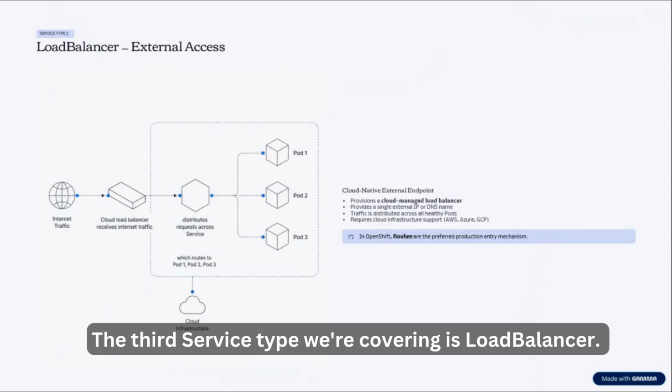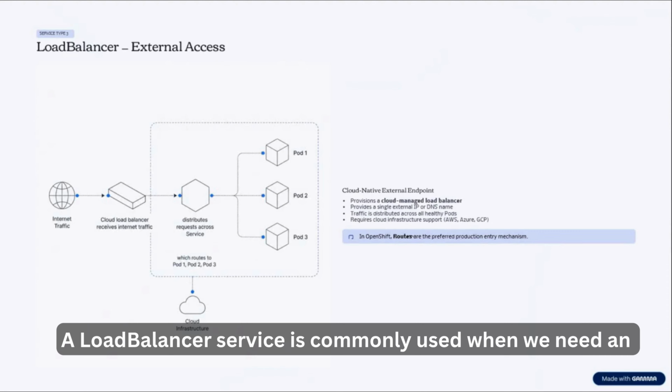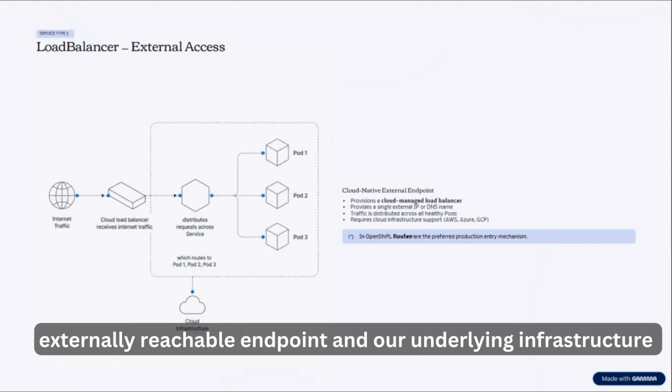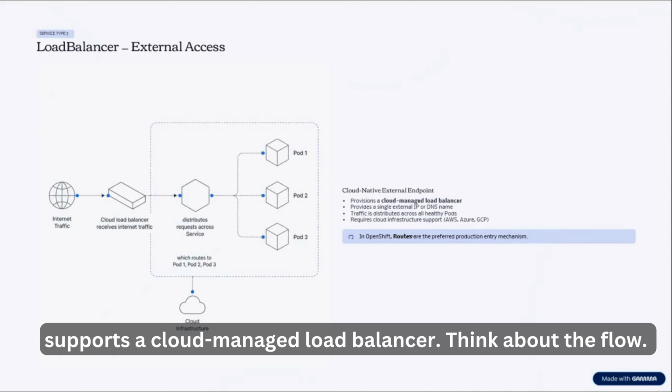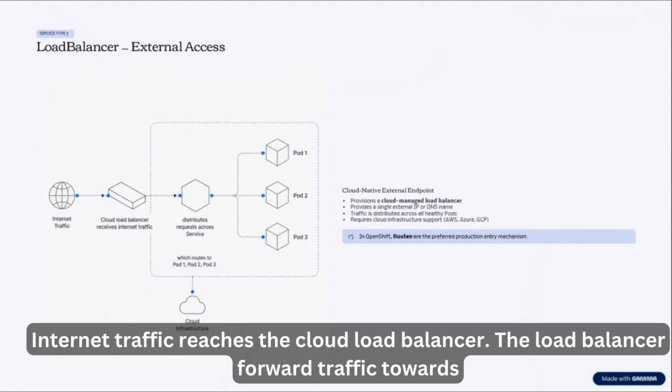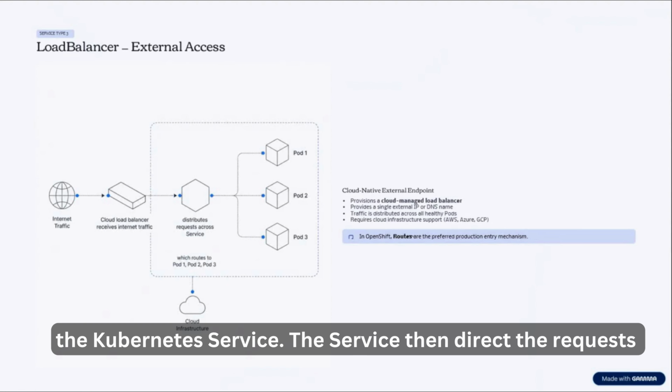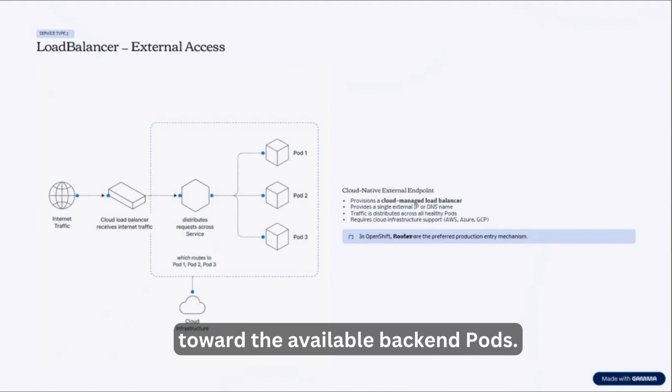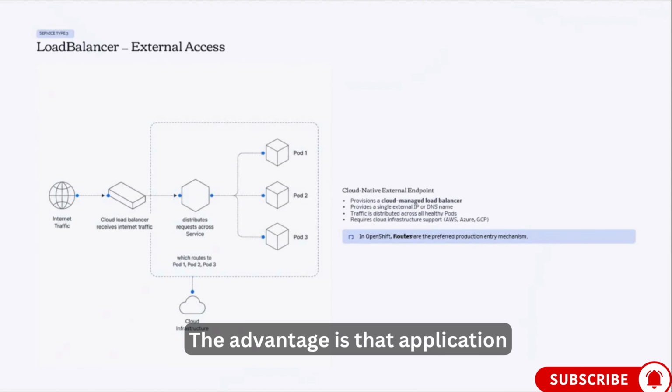The third service type we are covering is LoadBalancer. A LoadBalancer service is commonly used when we need an externally reachable endpoint and our underlying infrastructure supports a cloud-managed load balancer. Think about the flow. Internet traffic reaches the cloud load balancer. The load balancer forwards traffic towards the Kubernetes service. The service then directs the request towards an available back-end pod.